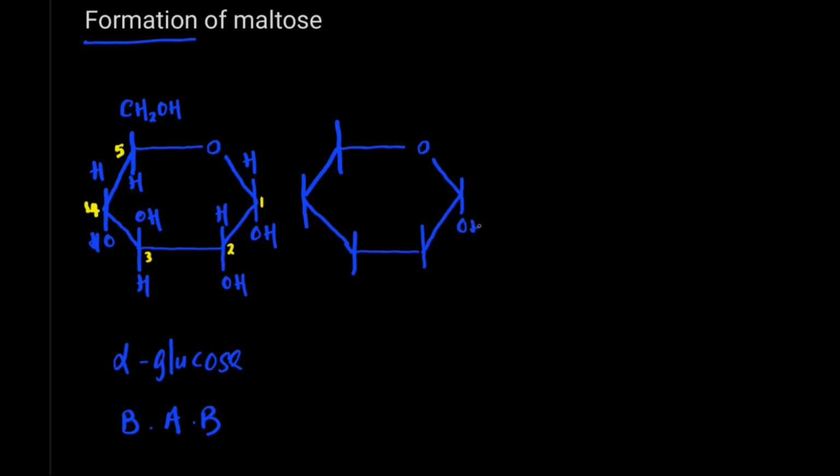I complete the OH group at C1, C2, C3, C4. And never forget about carbon number 6, which is summarized as CH2OH. After that, we complete the structure with the H atoms. So here is the drawing of the 2 monomers of maltose.